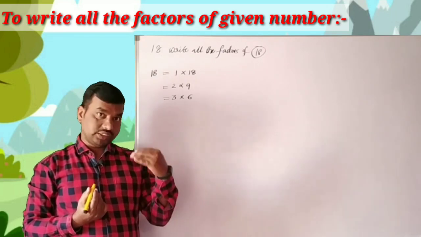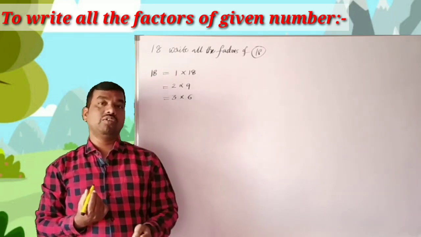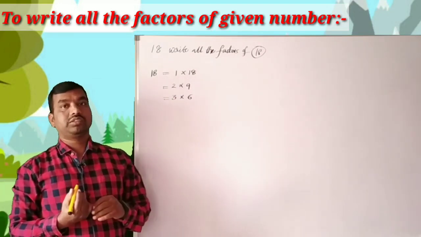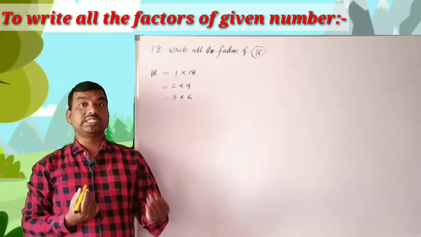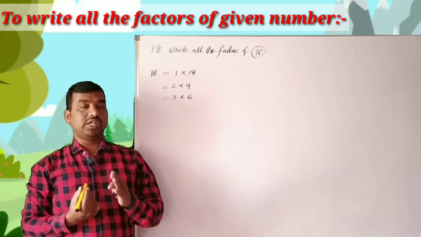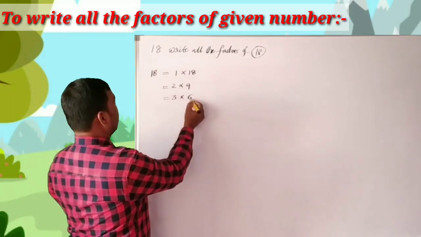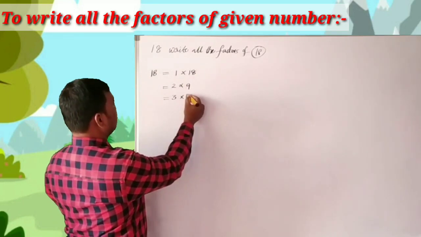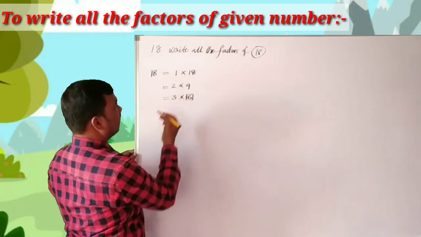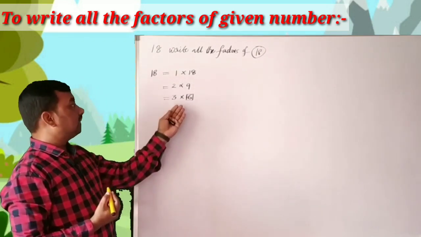So next you take 5. In the fifth table also we can't get 18. Next 6. 6 1s are 6, 6 2s are 12, 6 3s are 18. So children, you are getting 6 here.